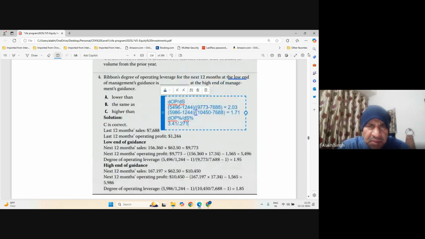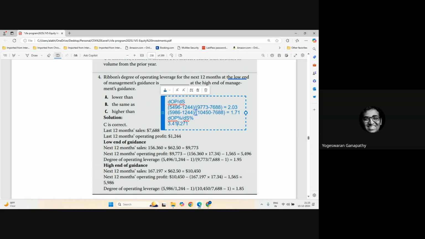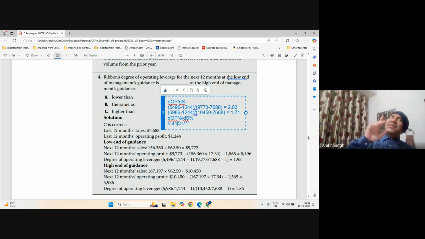Okay, so 3.41 minus 1. This is the same, percentage change means increase in percentage. So this becomes 2.41. So 341 is the value, so the increase in value is only 2.41.